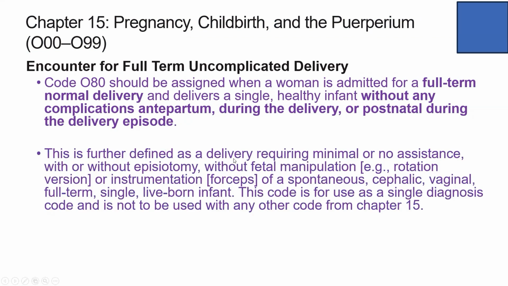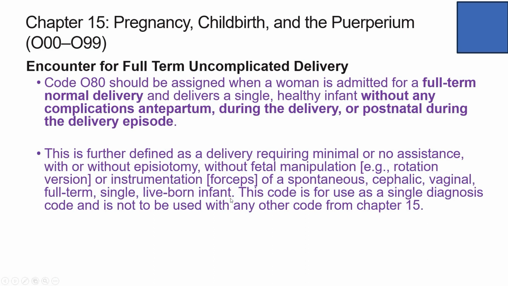This is further defined as a delivery requiring minimal or no assistance, with or without an episiotomy, without fetal manipulation, for example rotation or version, or instrumentation such as forceps, of a spontaneous cephalic vaginal full-term single live-born infant.